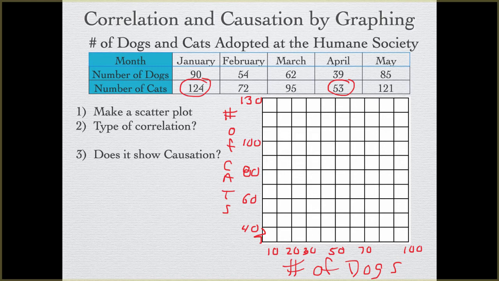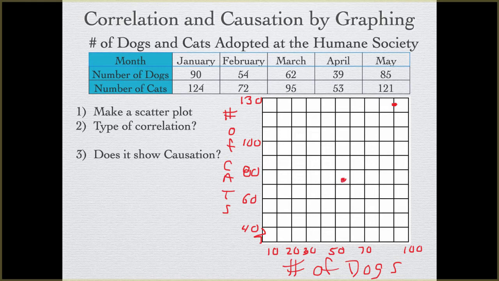And then I'm going to go through and plot my points. So 90 goes to 124. This goes way up to here. 54 goes to 72. So we're right around in here.